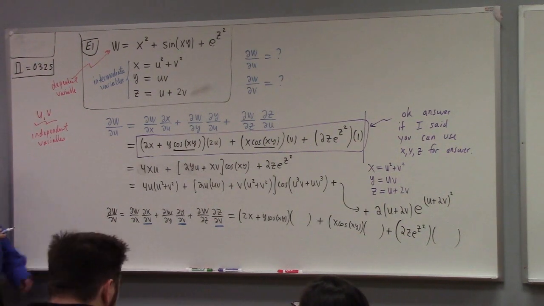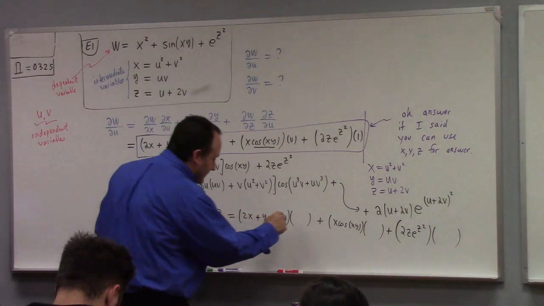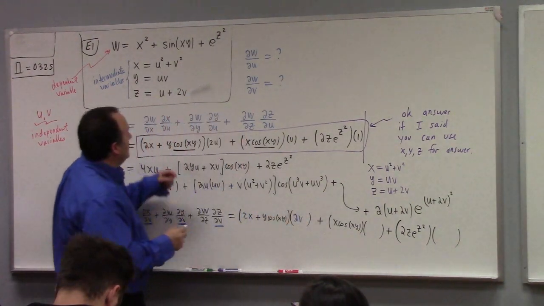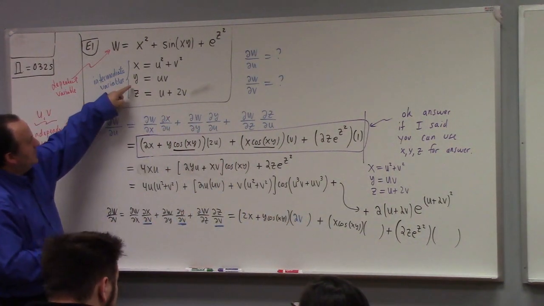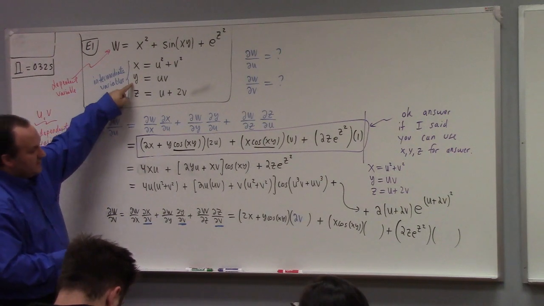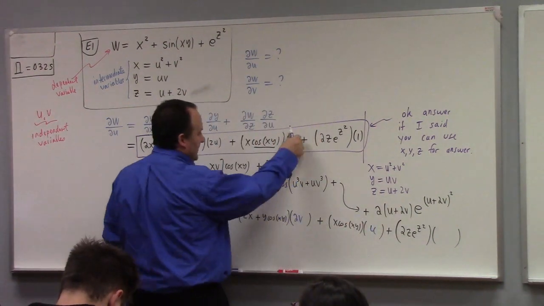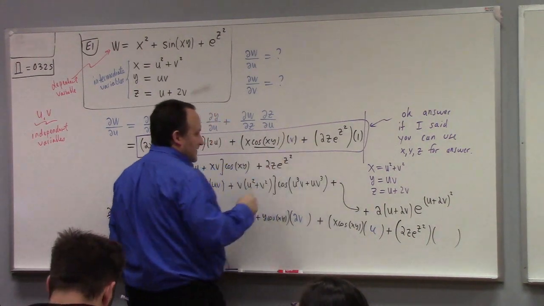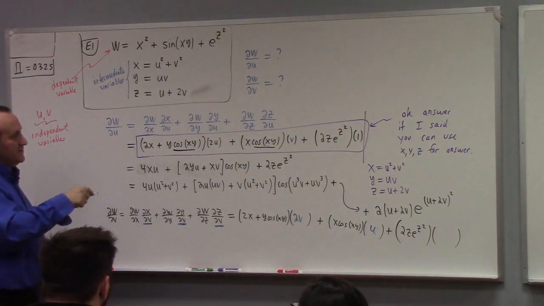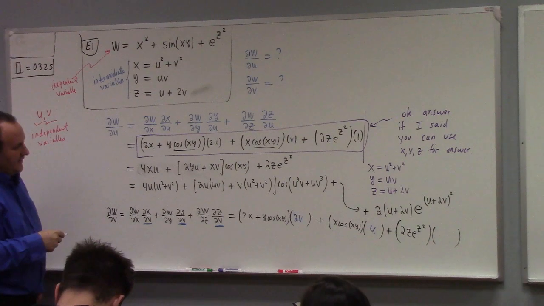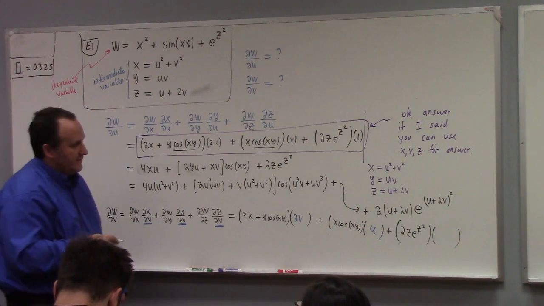And those are respectively 2v, partial y, partial v is u. That was a v before, just to be... Sorry, my u's and v's sometimes. I mean, I try to make the u a little bit curly. And then partial z, partial v is 2 instead of 1, right?